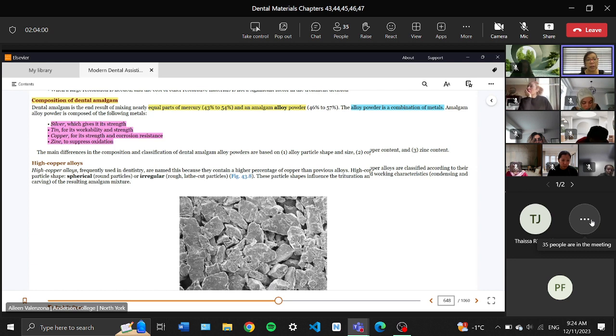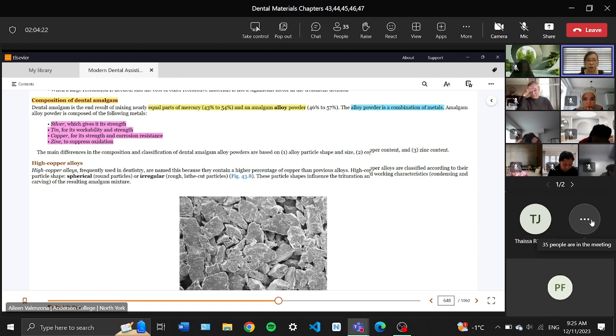Now, composition of amalgam. Dental amalgam is the end result of mixing nearly equal parts of mercury and alloy, meaning equal parts. So when you mix alloy and mercury, it equals amalgam. Okay? So the alloy powder is a combination of metals. Amalgam alloy powder is composed of the following metals.